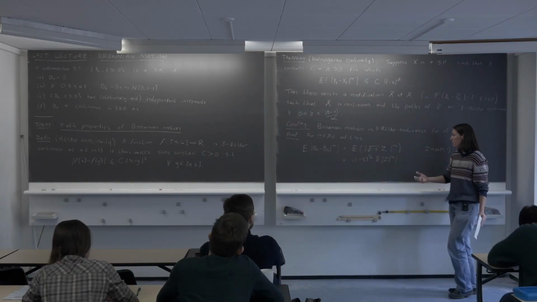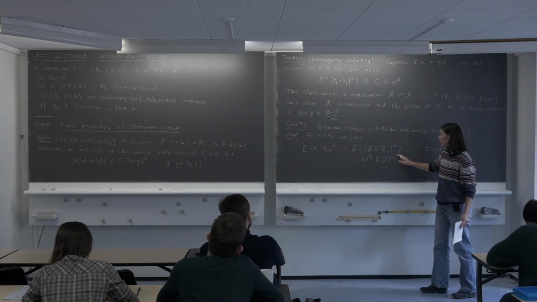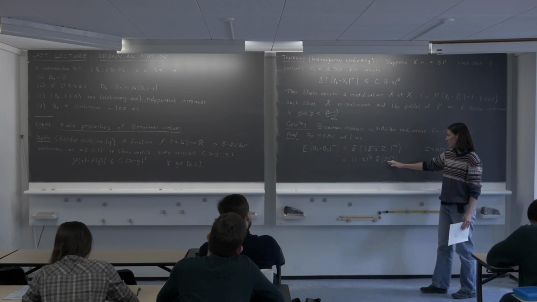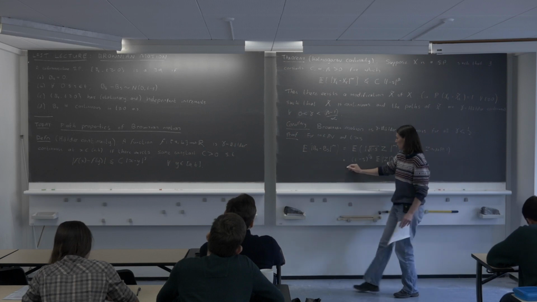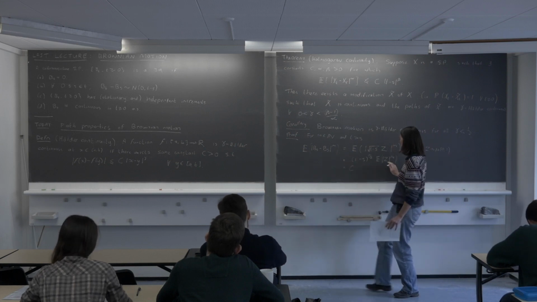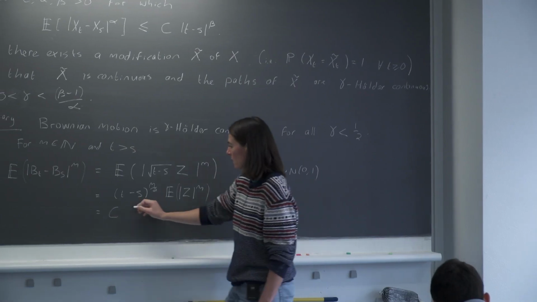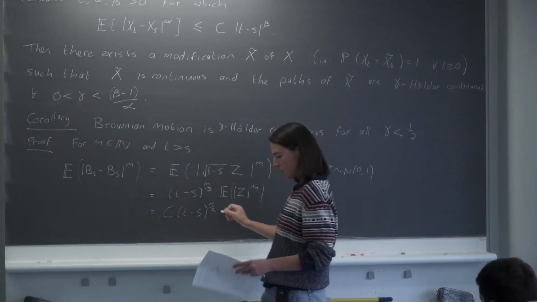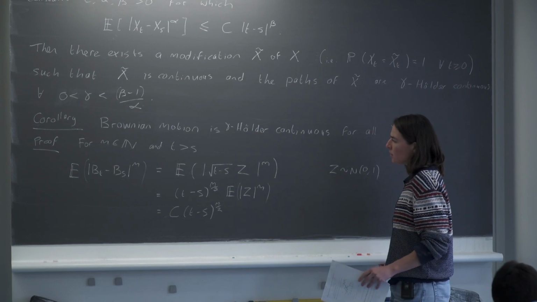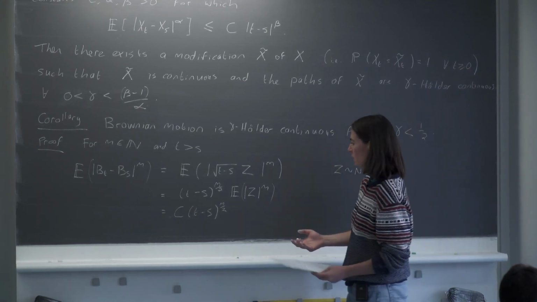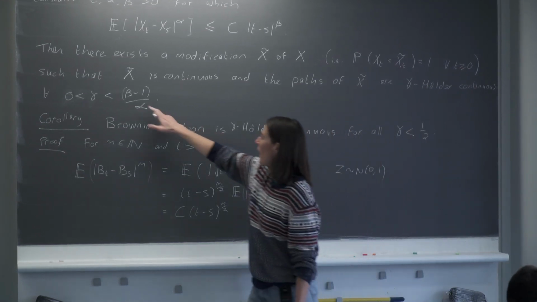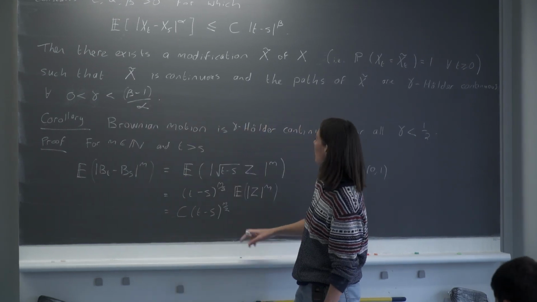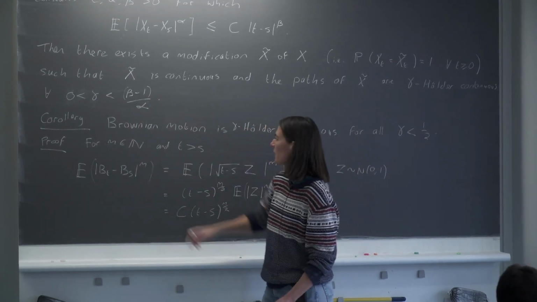It doesn't matter what the answer is, it's a constant. There's nothing in here that depends on t or s. It does depend on m, but it's still a constant times t minus s to the m over 2. And so immediately by Kolmogorov's continuity theorem, we just need to put beta equals m over 2 and alpha equals m.